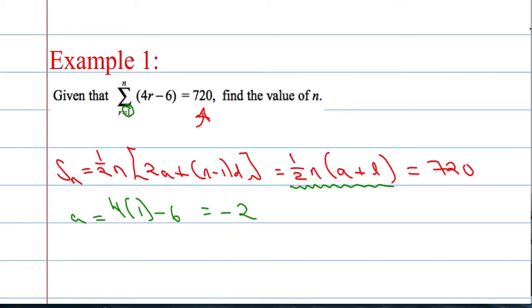That's the first term. The last term is going to be found out by putting in n. So I'm going to get L equals 4 times n subtract 6. Let's see now if I can substitute this value of a and this value of L into here and solve an equation.